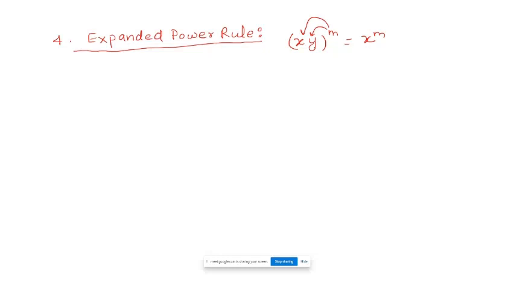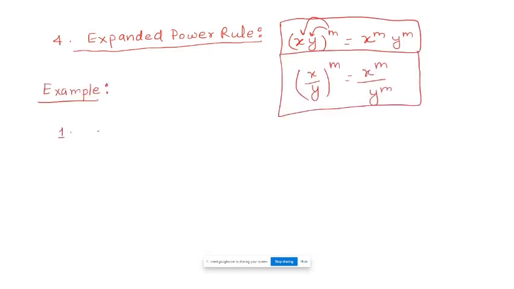Suppose I have xy to the power of 3, then what will happen? X to the power 3 times y to the power 3, or x to the power 3 y to the power 3.